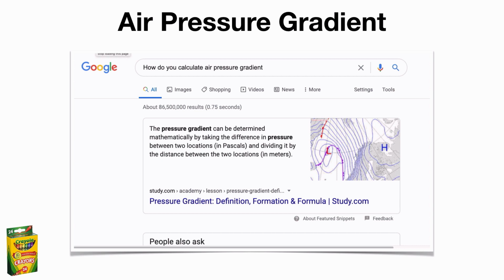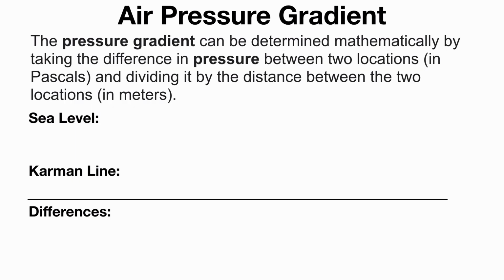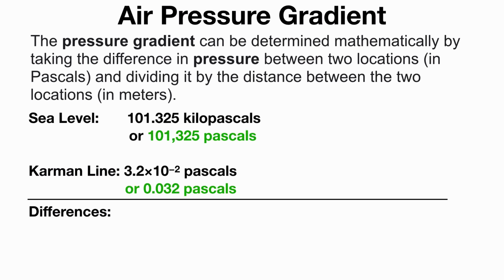The pressure gradient can be determined mathematically by taking the difference in pressure between two locations in pascals and dividing it by the distance between the two locations in meters. It's the difference in pressure over distance, and the SI units are pascals per meter.